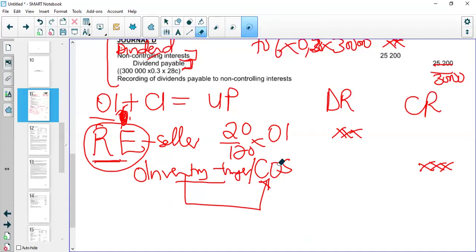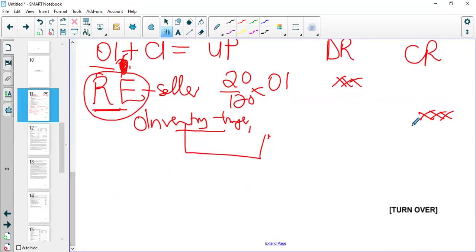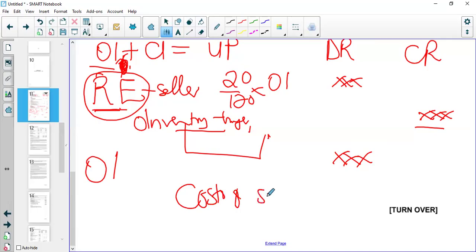Before I talk of cost of sales, let me just say opening inventory of the buyer. Then that opening inventory gets sold, we debit it, and we're going to credit cost of sales. So do you see here that there's a journal entry to credit opening inventory and then debit inventory again.